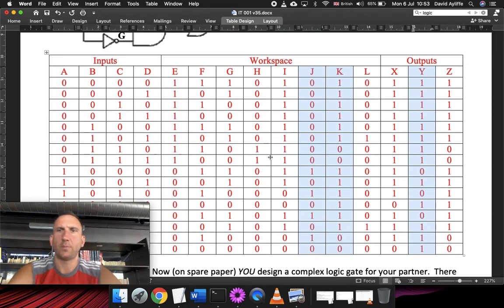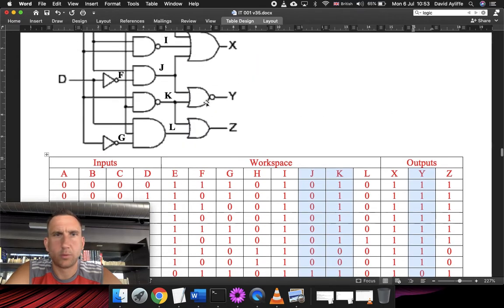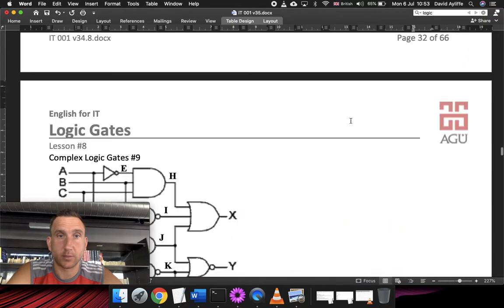So, positive output. So, Y, it's not a NOR gate, it's what is that?